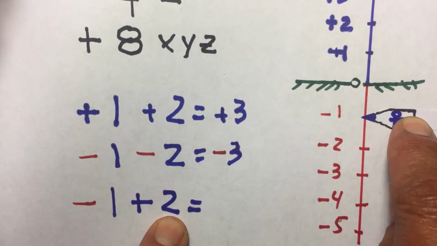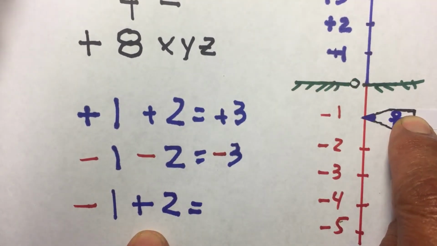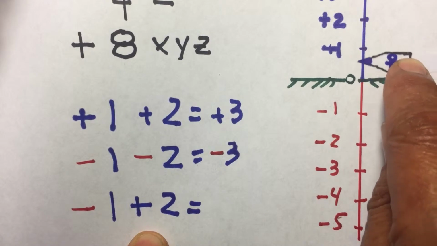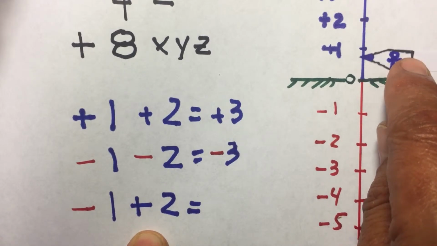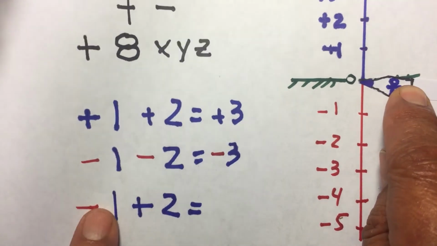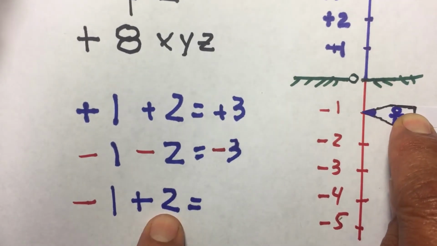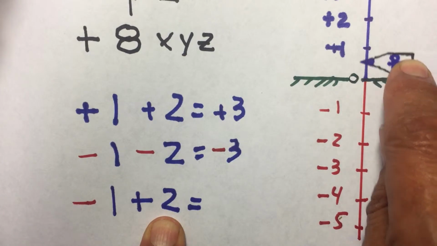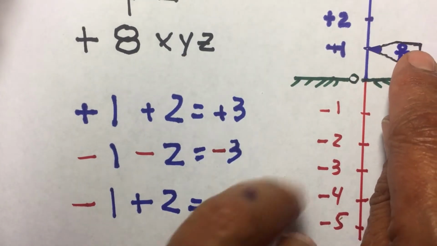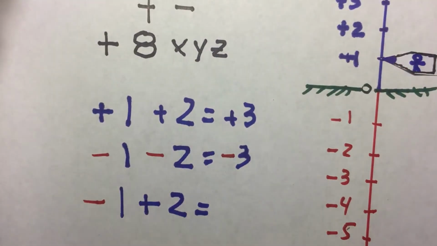So we are going to go with the elevator 2 up, 1 and 2. Let's do it again. We start from 0, -1, down 1, plus 2. We go up 2, 1, 2. Where do we end up? We end up in plus 1.